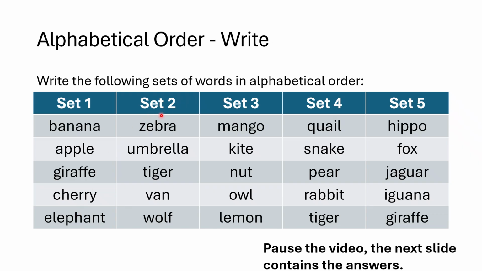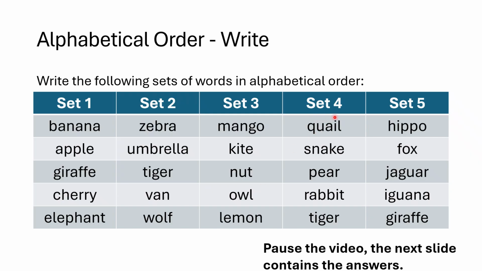Set 2. Zebra, umbrella, tiger, van, wolf. Set 3. Mango, kite, nut, owl, lemon.